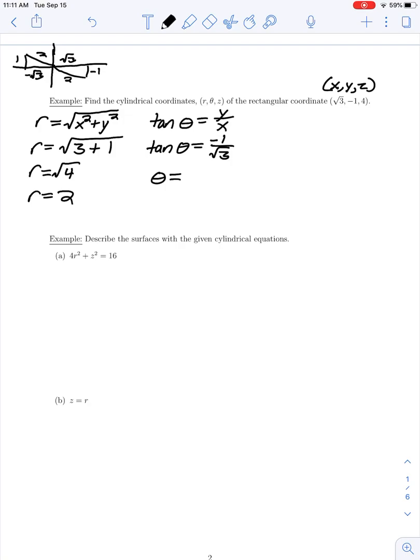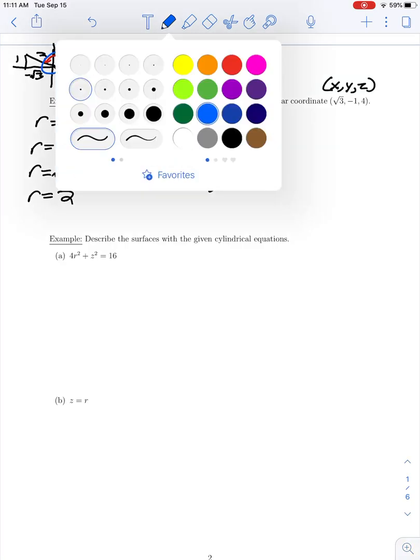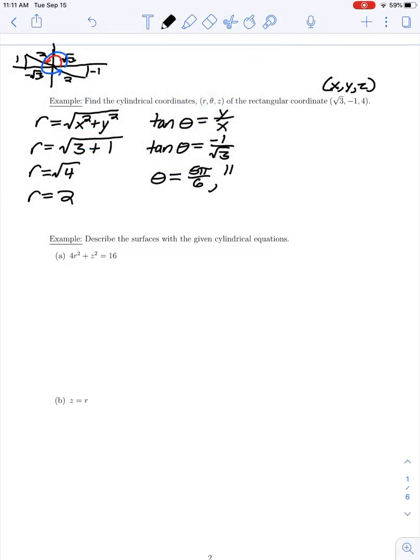So the angles that produce these triangles would be given by, first off, this angle, which would be 5 pi over 6, or the angle here, which would be 11 pi over 6.